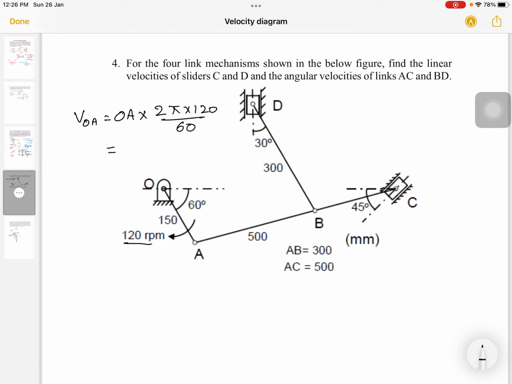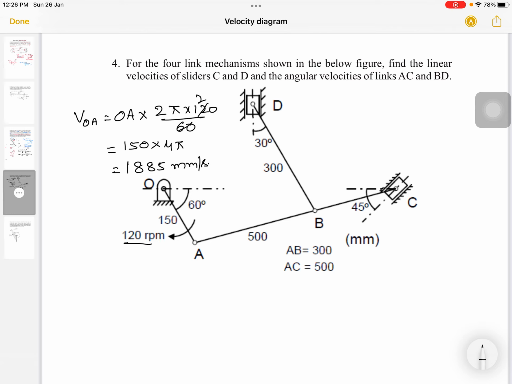Here the OA length is 150 mm. So 150 into 4 pi, which is equal to 1885 mm per second.